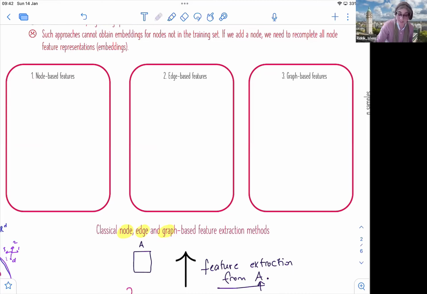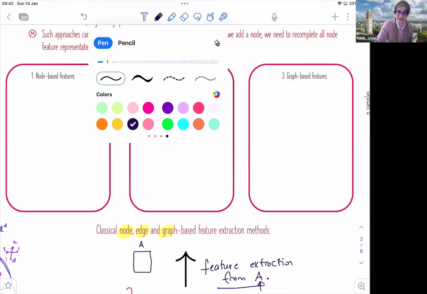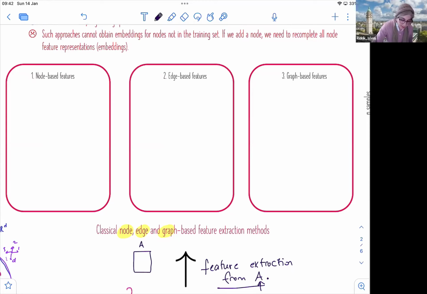And you can also have a look at the graph theory playlist. I cover many of these fundamental classical feature extraction methods. So there are 3 types here, and I'm going to give you just a few simple examples: node-based features, edge-based features, and graph-based features.